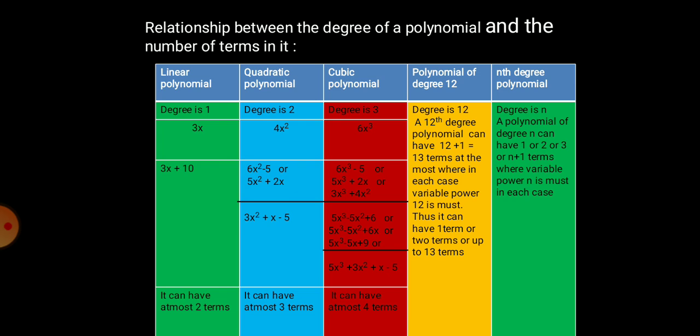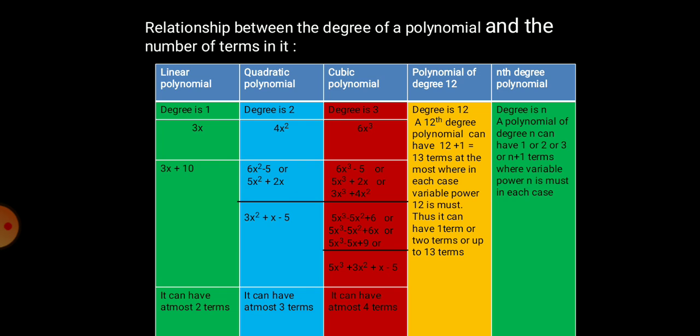So from here what we generalize is that the maximum number of terms in a polynomial will be one more than its degree. Linear polynomial 1 plus 1 is 2, quadratic polynomial 2 plus 1 is 3, cubic polynomial 3 plus 1 is 4. So a polynomial of degree 12 can have one term, two terms, three terms, four terms and maximum up to 13 terms.